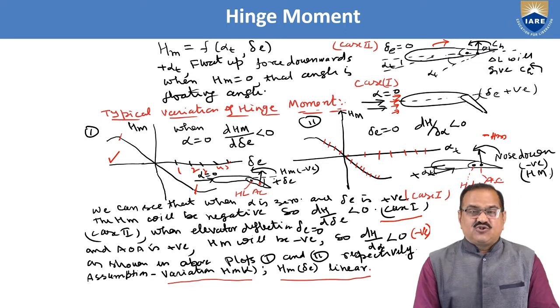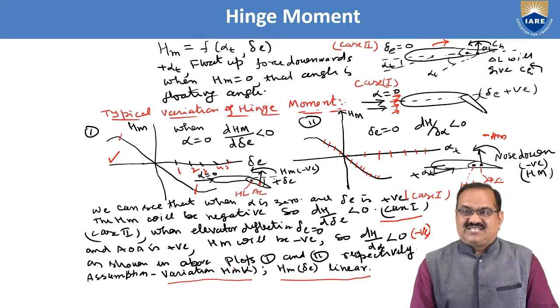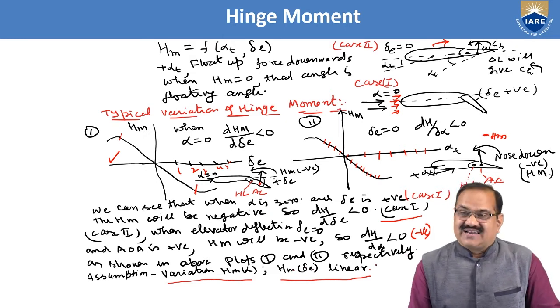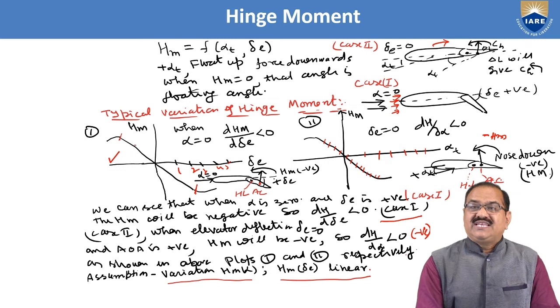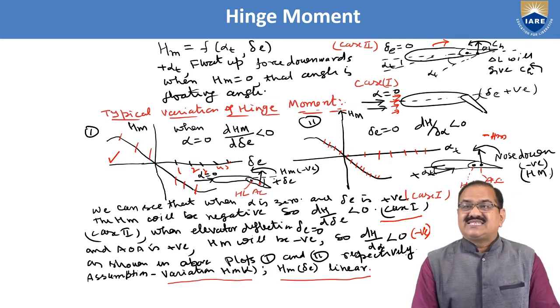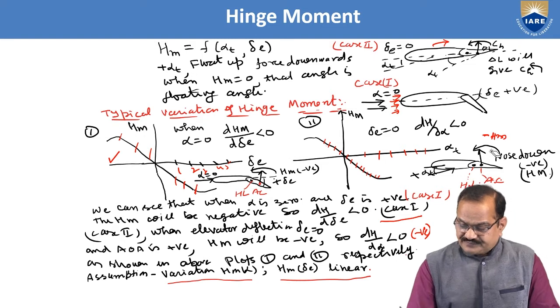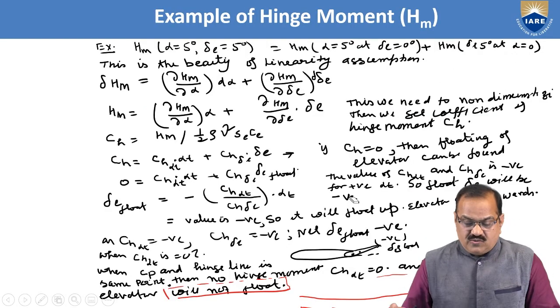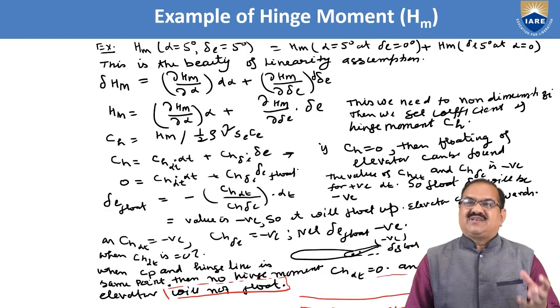Here we are assuming that the variation of HM versus alpha and the variation of hinge moment versus delta E are linear. I have shown only the linear zone, and I am going to take only that. Now I am going ahead with an example.